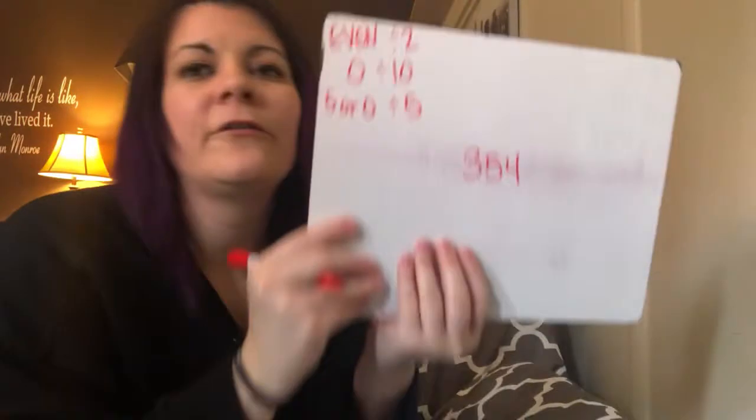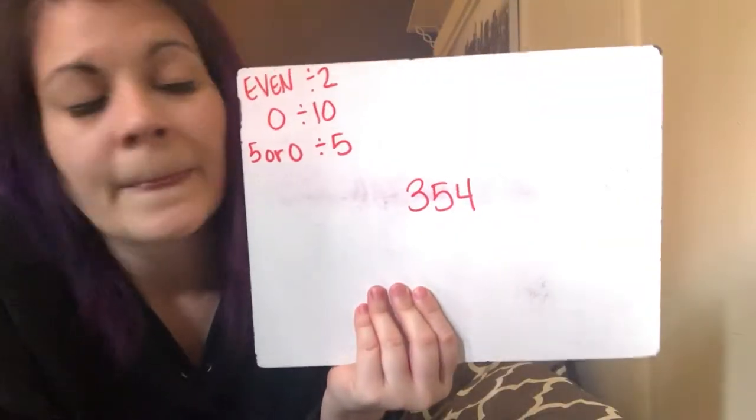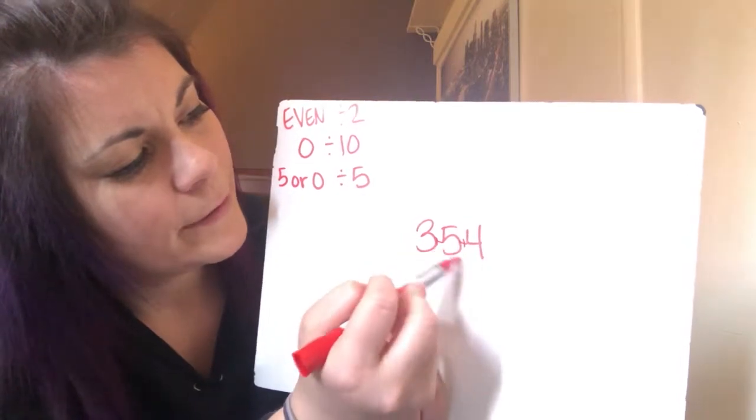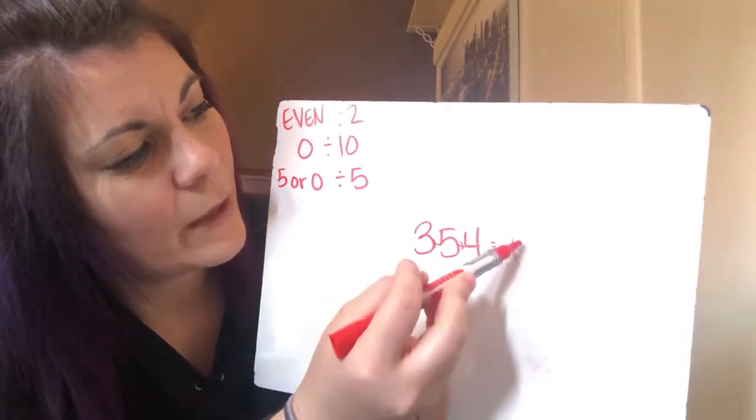Oh, this is my favorite one, and this is the one that I use all the time. The number is divisible by 3 if the sum of its digits is divisible by 3. So take 354. If we add 3 plus 5 plus 4, you get 9, 10, 11, 12.